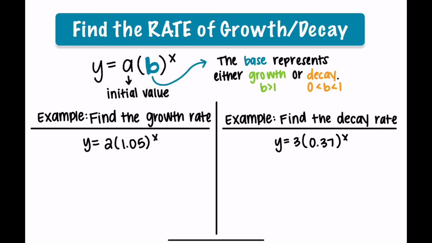Now, another way we can think of the base is as a percentage either above or below 100%. Just as an example of finding the growth rate and thinking about that as a percentage, if we have y equals 2 times 1.05 to the power x, then 2 is our initial value, and 1.05 is the base.